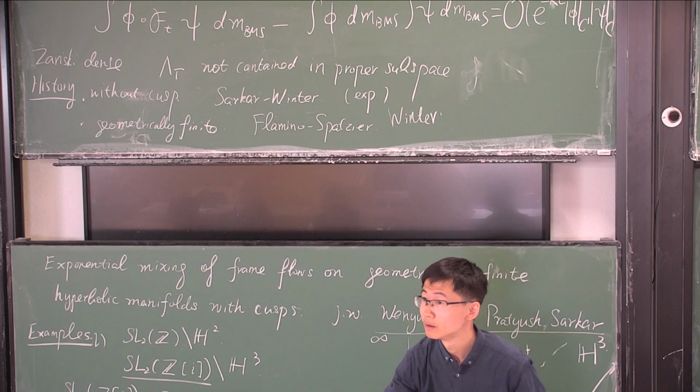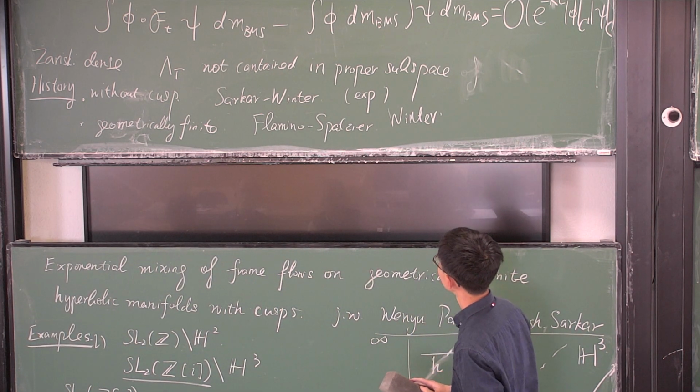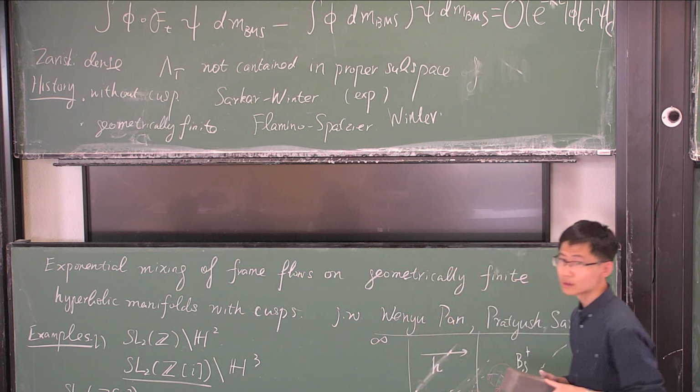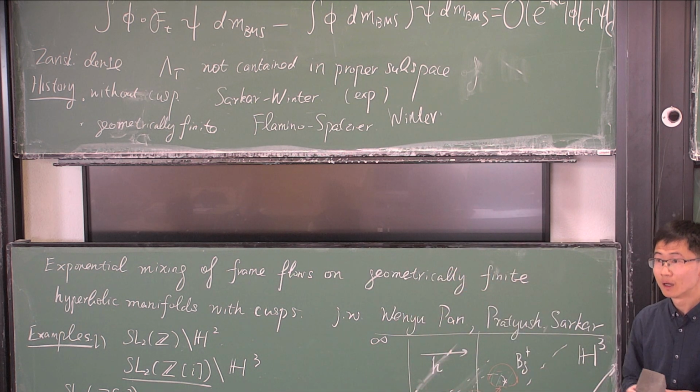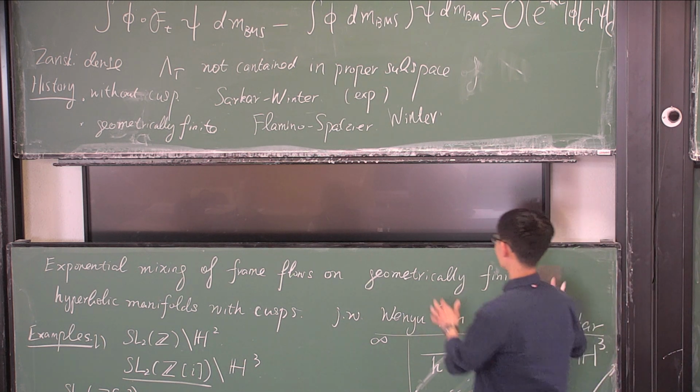What did they say in the general geometrically finite case? I think they proved mixing, but not the rate. They did not prove exponential mixing.